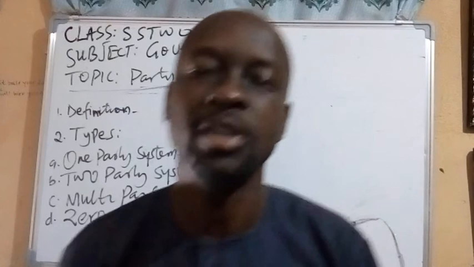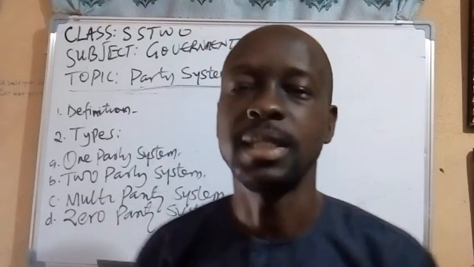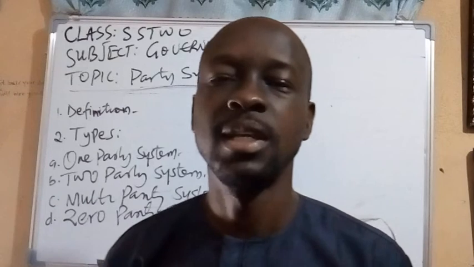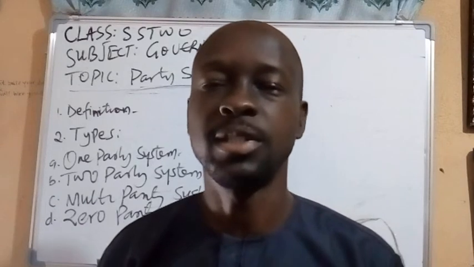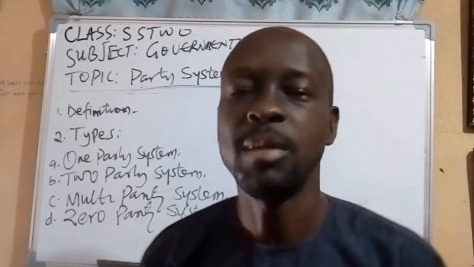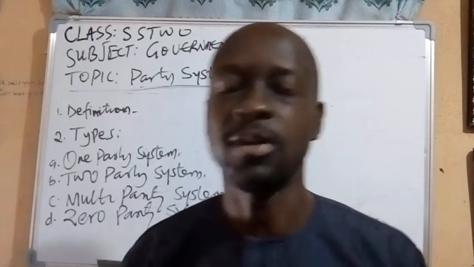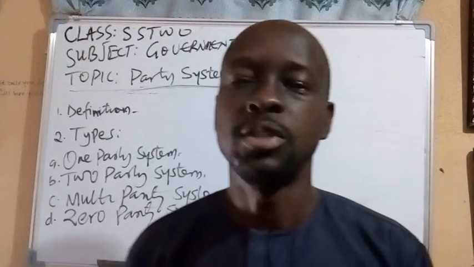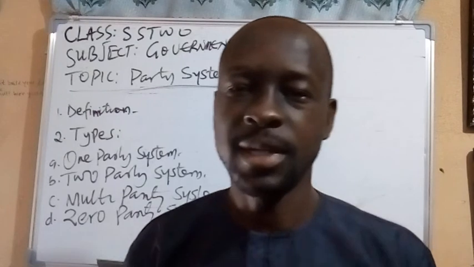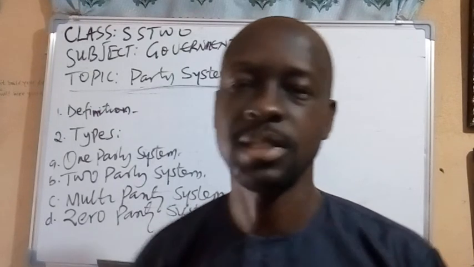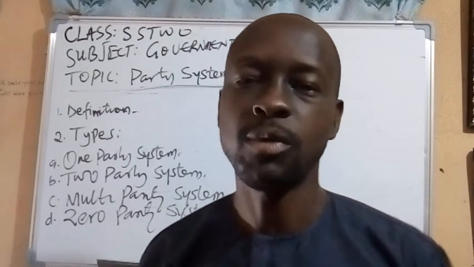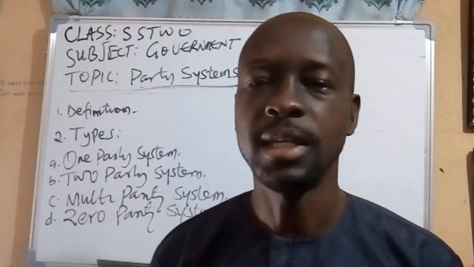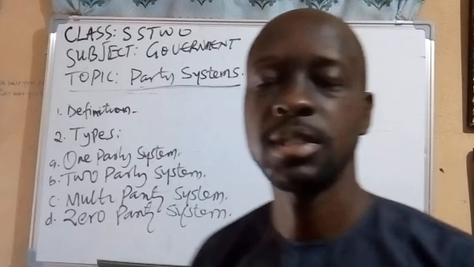In some places, only one party has the capacity, the power, the influence to win elections. In some, maybe up to 2 or 3 or 4 or more parties have the capacity to win elections. So we are going to understand these different kinds of systems and what we call them and what they are exactly. So welcome, and let us discuss party systems.